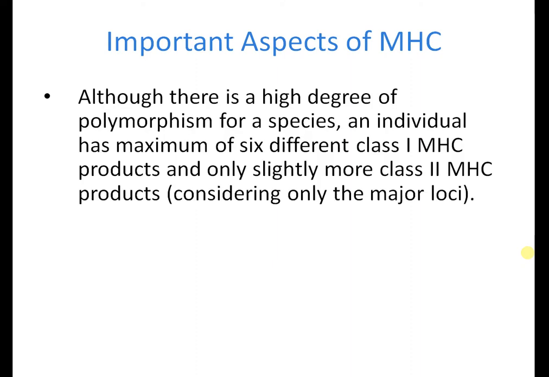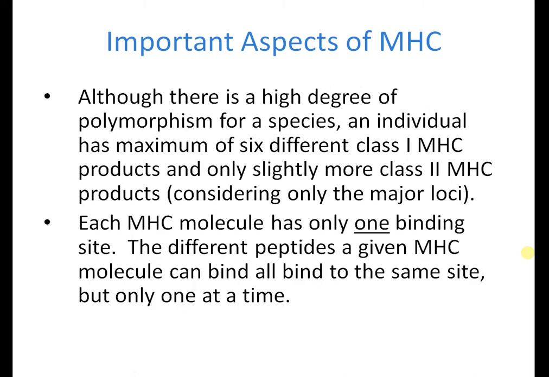An important aspect is that although there is a high degree of polymorphism for a species, an individual has a maximum of six different class 1 major histocompatibility complex products, and only slightly more class 2 MHC products, considering only the major loci.